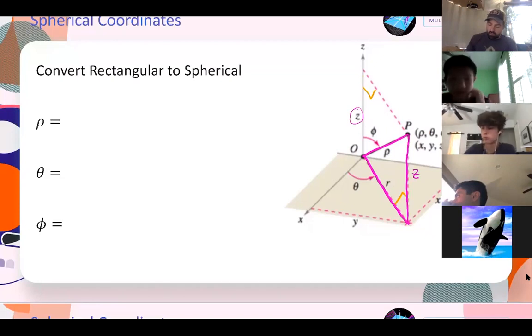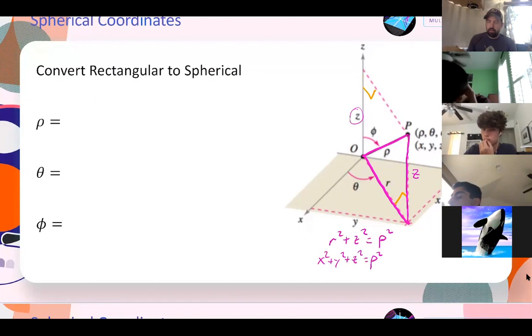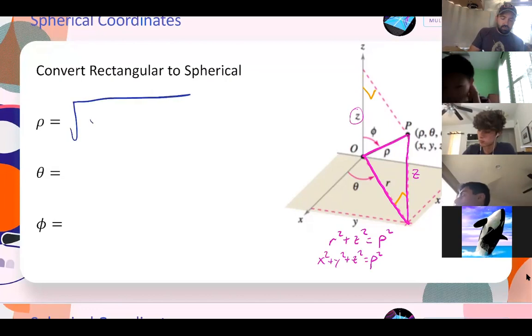So if I look at that triangle, r squared plus z squared equals rho squared. Well, we already know r squared, that's the r from cylindrical. That's x squared plus y squared plus z squared equals rho squared. So we could use the distance formula. We could use right triangles. Rho is going to be the square root of x squared plus y squared plus z squared.